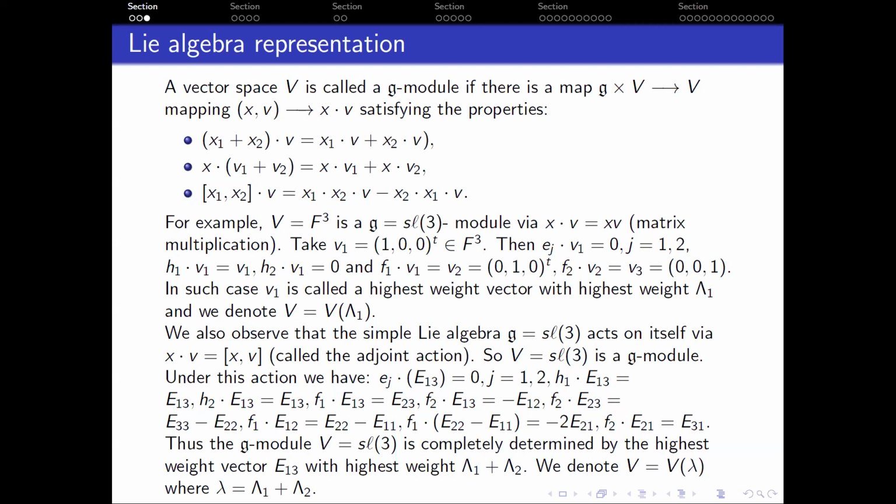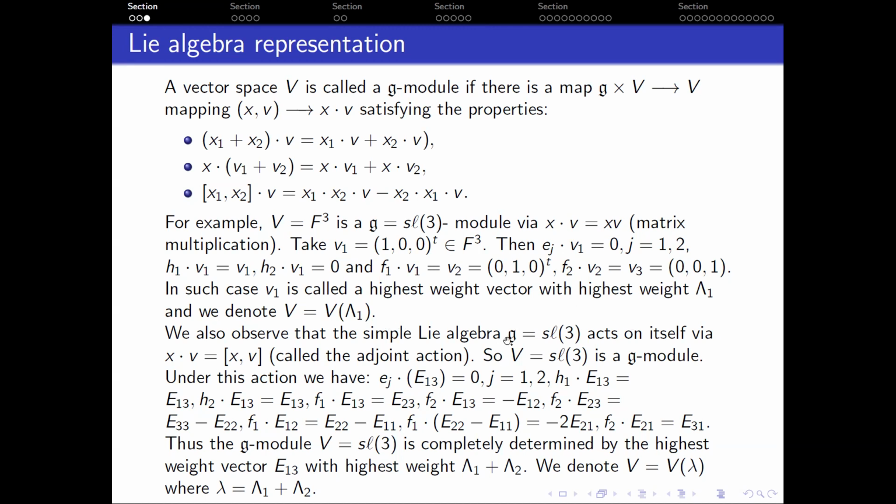Because if we take any two vectors X and Y, of course, we can let X act on Y by multiplication in the Lie algebra. So the bracket [X,Y] produces a vector in G, and this action is called the adjoint action.